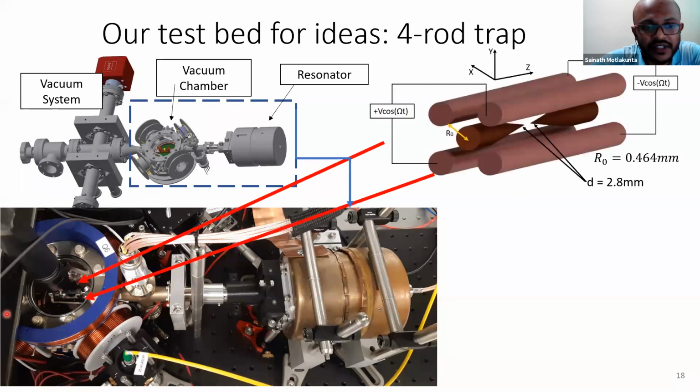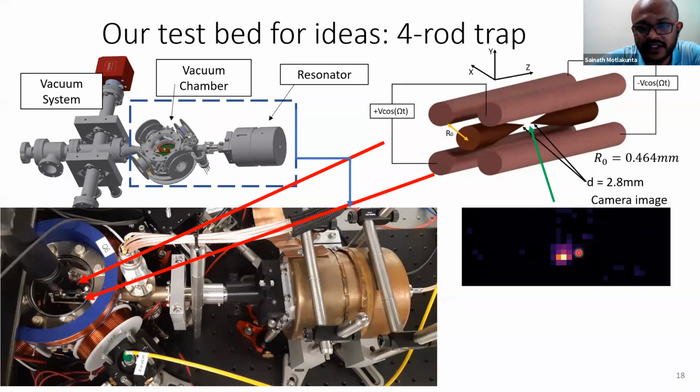At the heart of this vacuum chamber is the ion trap, which is made of 4 rods and 2 needles on which we apply static and oscillating electric fields to trap a linear chain of ions. So this is a quick primer on our experimental setup. Now let's see how we achieve single ion addressing.